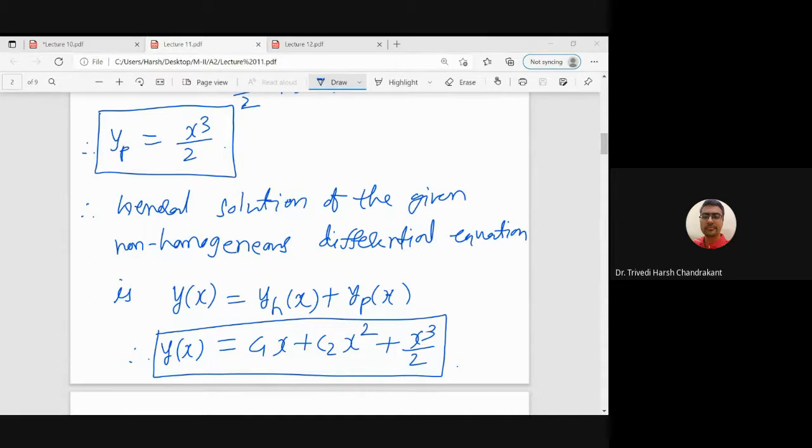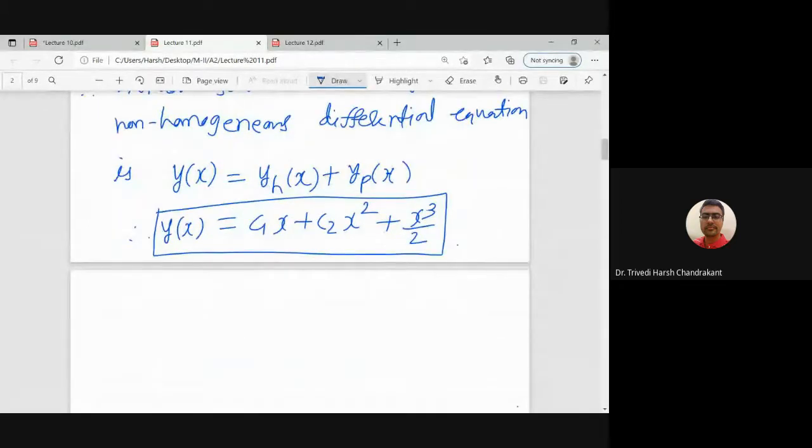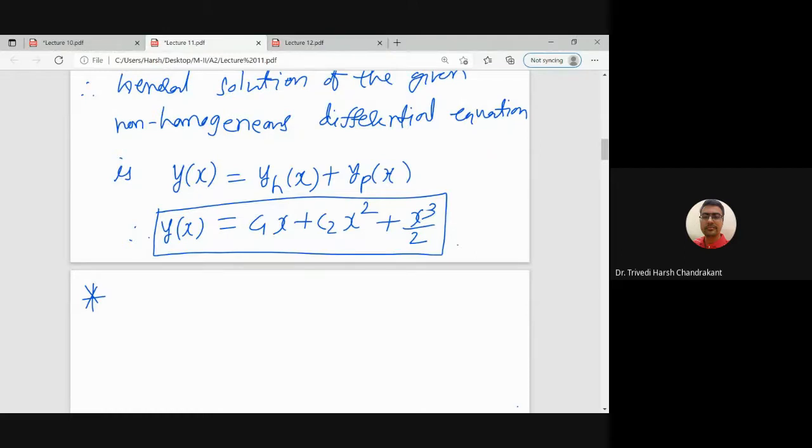Right. So now one last topic in this particular method we want to discuss is regarding differential equations with constant coefficients of the higher order. Homogeneous case.